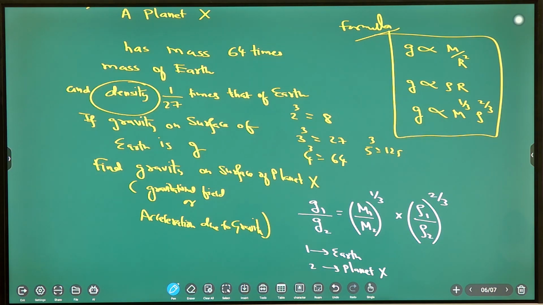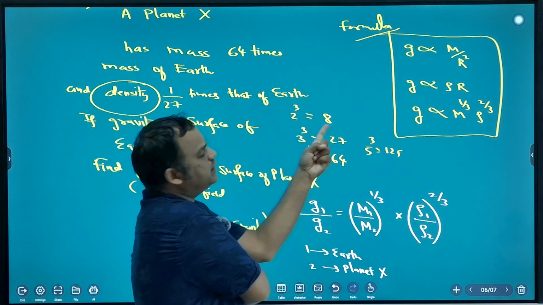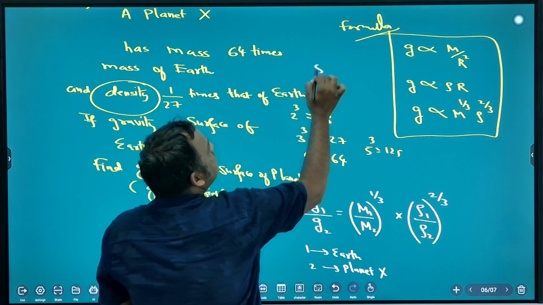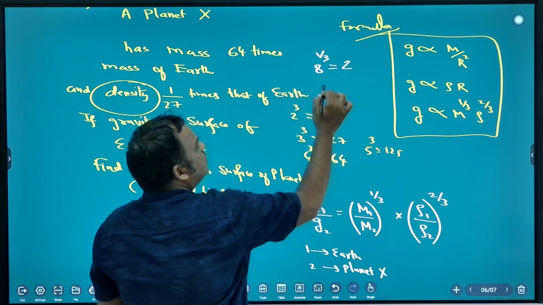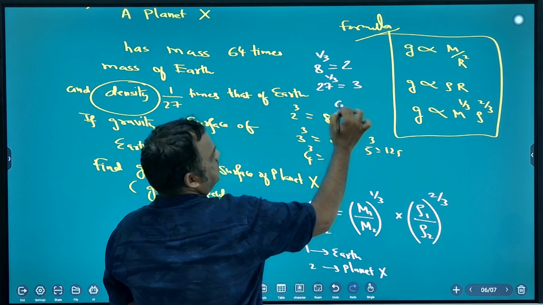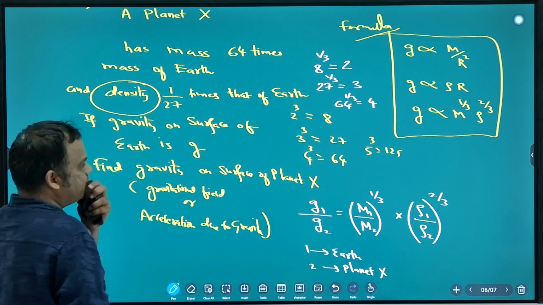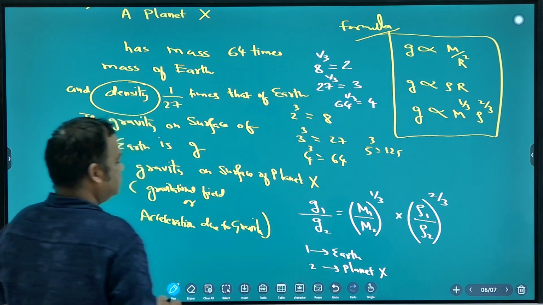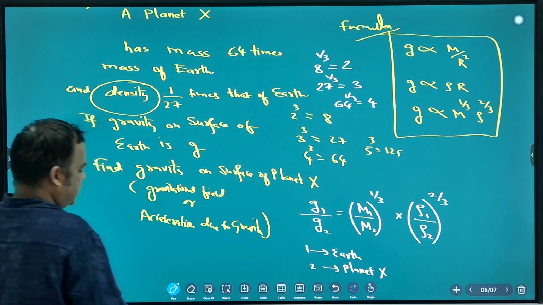Calculate. So cube root: what is the cube root of 8, what is 8 power 1 by 3? 2. What is 27 power 1 by 3? 3. Good. 64 power 1 by 3, 4. Any answer?